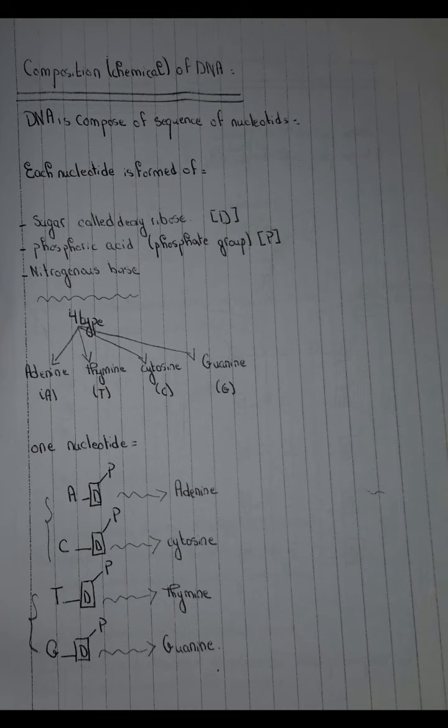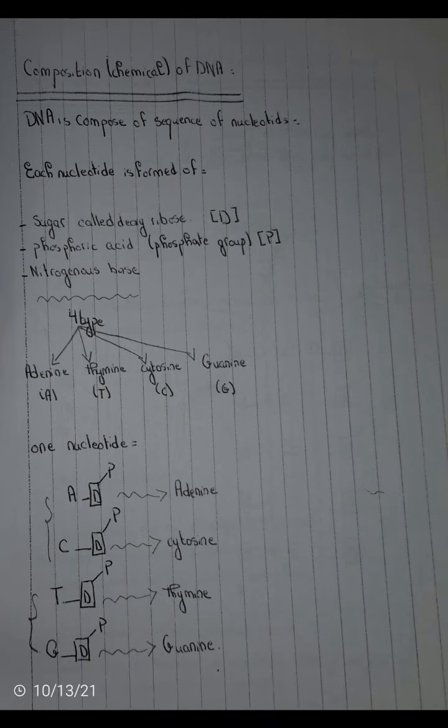Each nucleotide is formed of a sugar called deoxyribose, denoted as D; phosphoric acid that has the phosphate group, denoted as P; and a nitrogenous base. So DNA is made up of nucleotides, and each nucleotide is made up of deoxyribose sugar, phosphoric acid, and a nitrogenous base, okay?